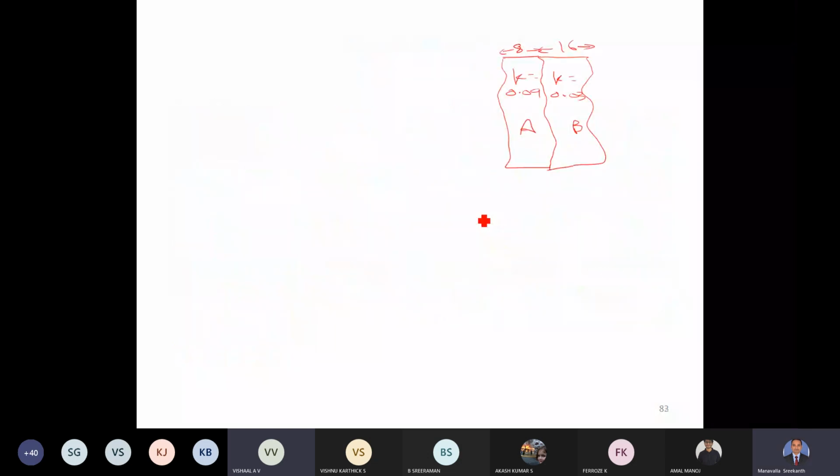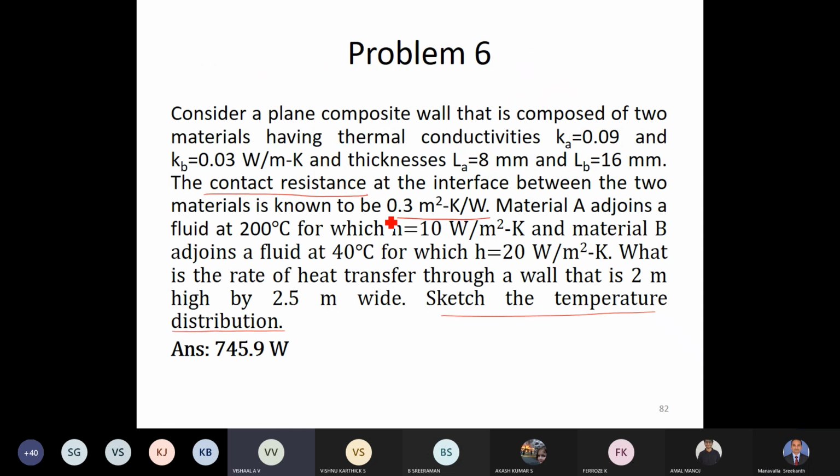And the contact resistance, thermal resistance due to contact, is 0.3 meter square Kelvin per watt. So that is the contact resistance here. Material A adjoins a fluid at 200 degrees Celsius, for which h is equal to 10.